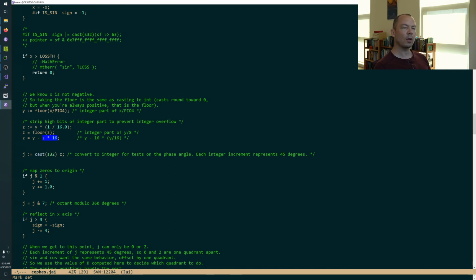So instead of right shift, left shift, you could just mask off the low 4 bits, okay? And then we cast it to int anyway at the end.